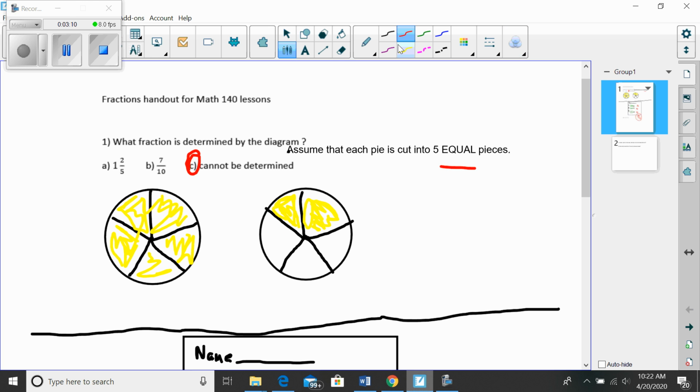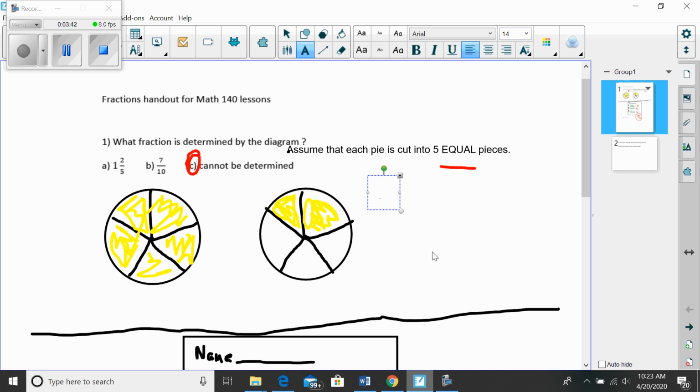Here's the problem that occurs with this example. The problem is I didn't tell you what to consider as the whole. Fractions are always relative to what the whole is. It's probably natural for us to assume that 1 pie is 1 whole, and when you make that assumption, then you would answer 1 2/5.